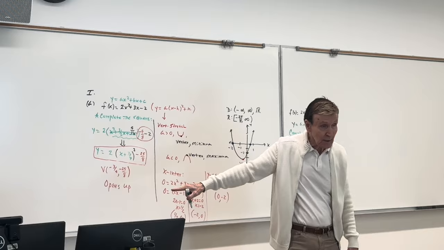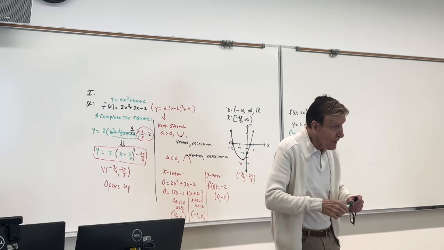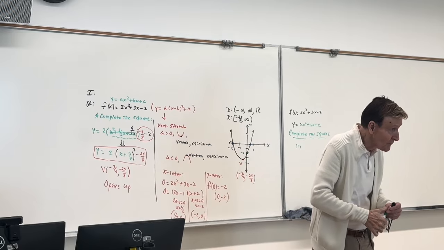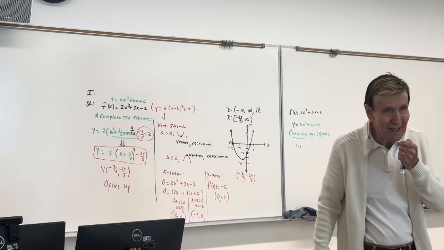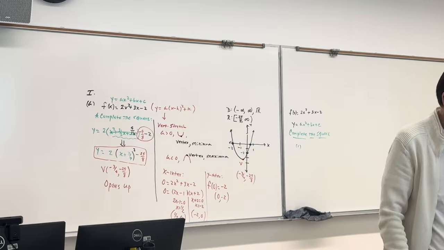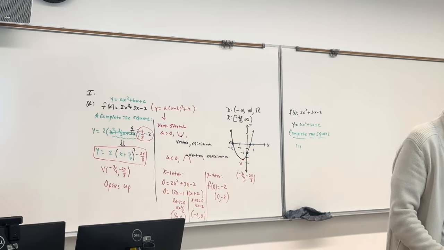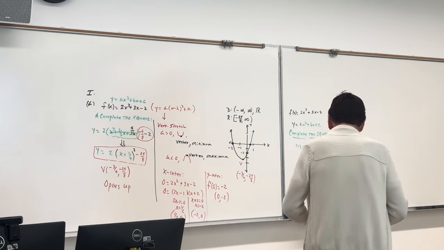What would be the first thing that you'd say, Professor, you gotta do, like we did over there? Even though it's a little strange to say it, but I gotta do it. What's the first thing I would have to do on that green if I want to put it in vertex form? Factor out a. Gotta factor out a. You're gonna make that leading coefficient a 1. I think back on mine, I factored out a 2. Now you're gonna factor out an a. Watch what's gonna happen. You're gonna be shocked.